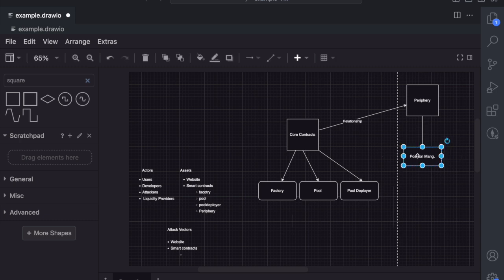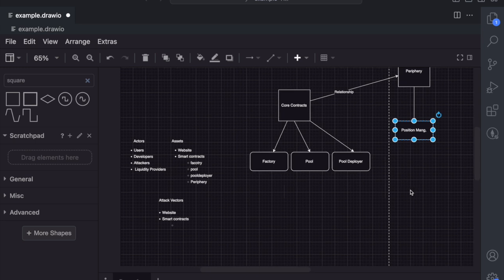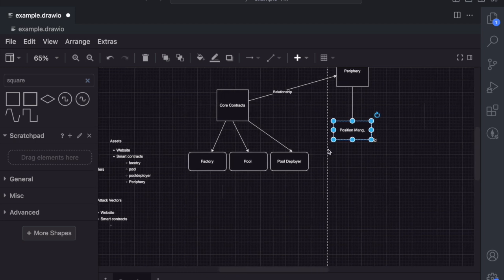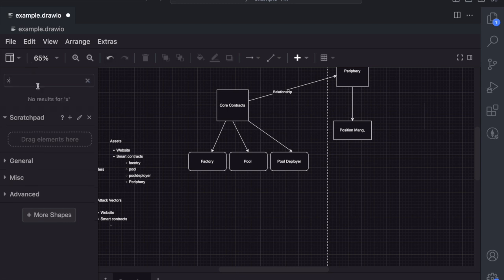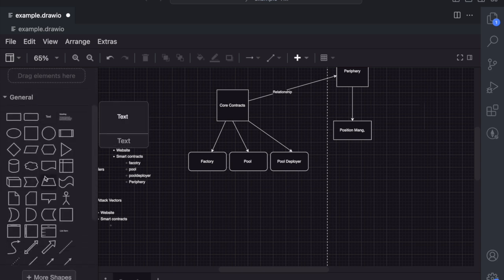All right, so we know that an attack vector here, and what I typically like to do is throw a little X, see if they have that. Let's look at some shapes.